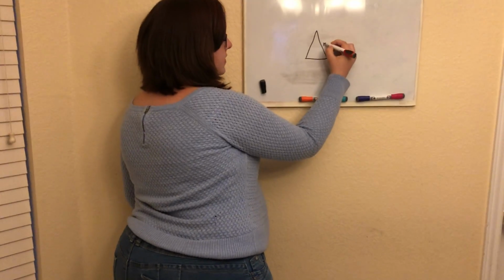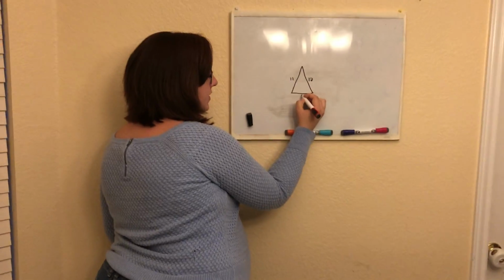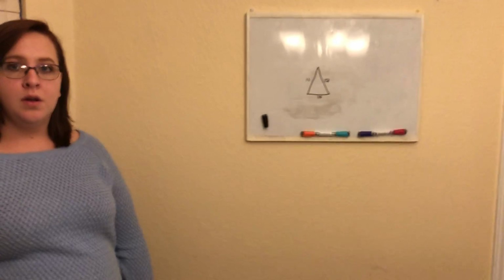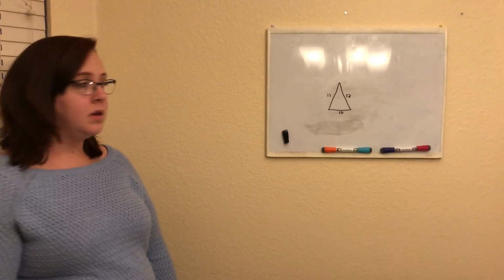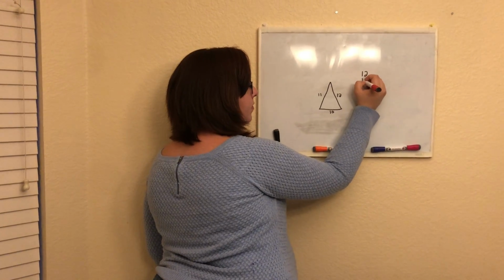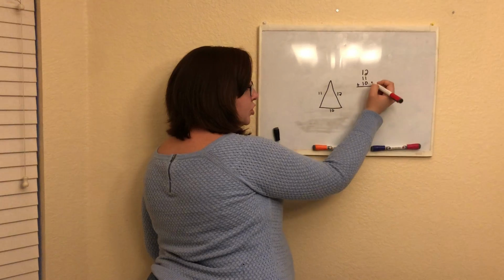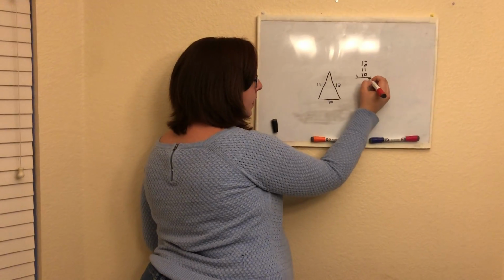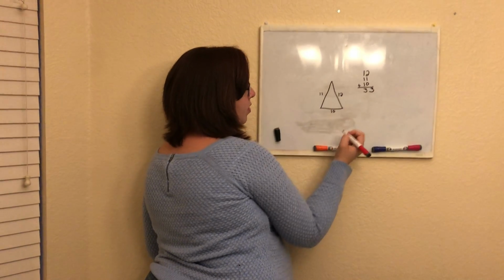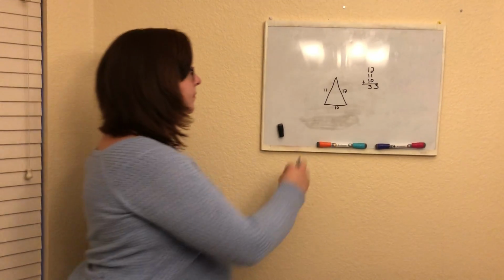So let's say this side is 12, and this side is 11, and this side is 10. How are we going to get perimeter? We're going to add them together. Great job. So 12 plus 11 plus 10, what's 2 plus 1? 3. What's 1 plus 1 plus 1? 3. So the perimeter of this triangle is 33.